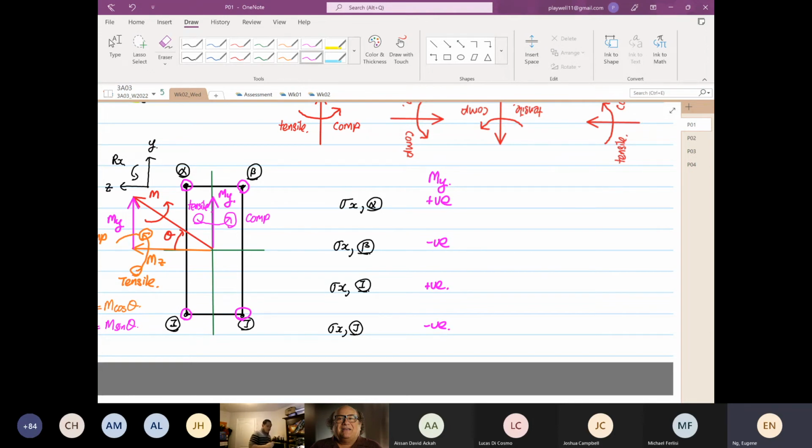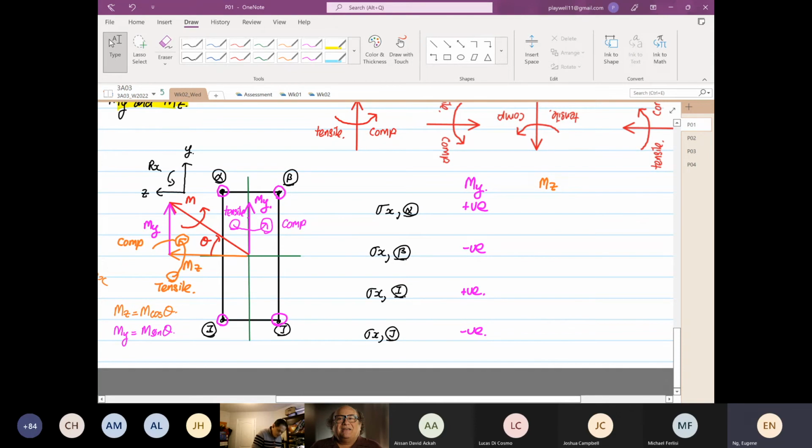In terms of MZ, you can do it yourself. If we look at MZ, we have to focus on the moment about z, the orange line now. At alpha, MZ is going to be in compression, and at beta, MZ is also going to be compression.